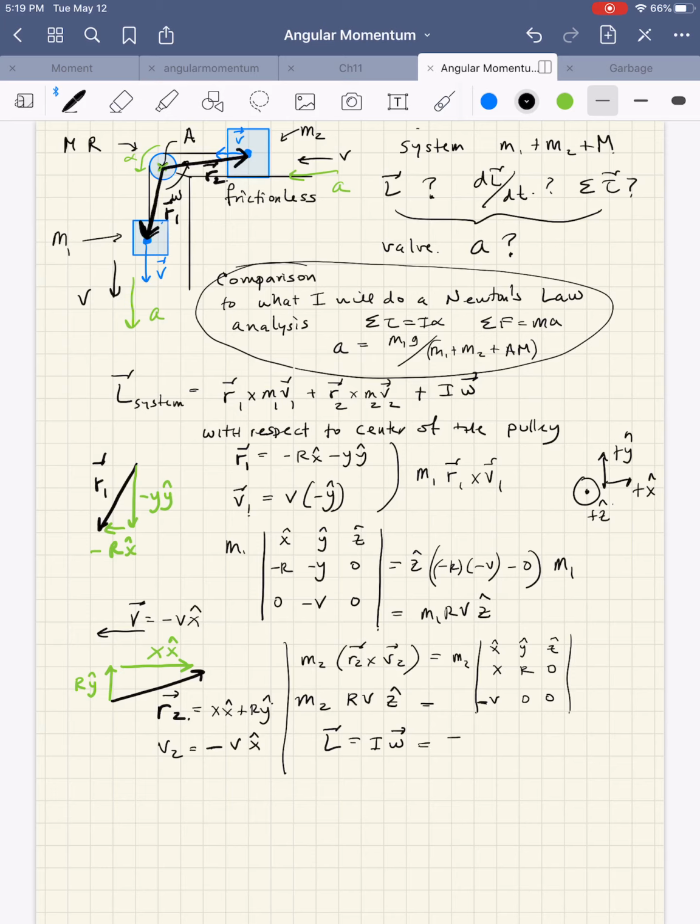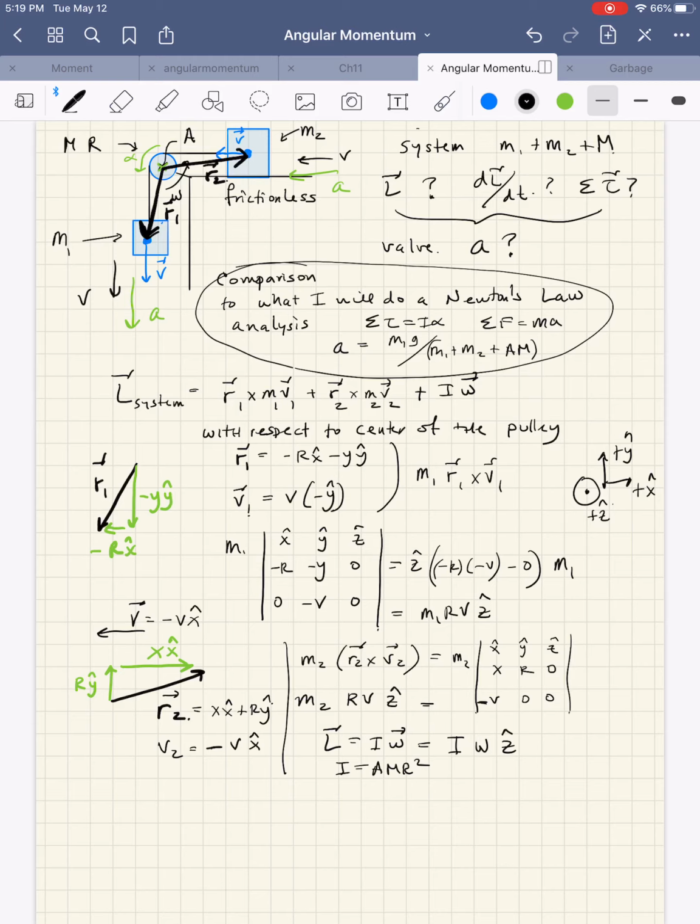So I can write this as I times magnitude of omega z hat, where omega is definitely positive and in the positive z hat. It's just a matter of finding I, the moment of inertia of the object, which I already know to be a m r squared, where a is something I can just put in.